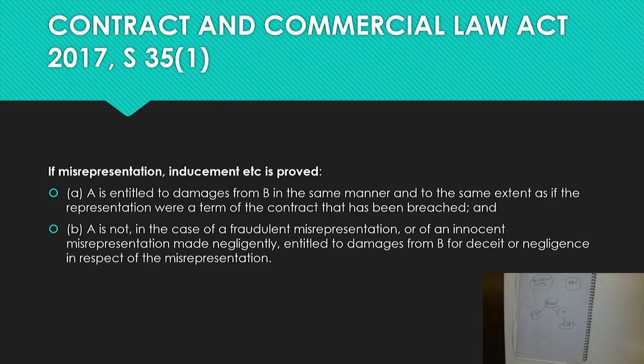If it's under Section 35, then it's just damages, as if the representation were a term of the contract that had been breached. And so this provides the calculation method for how you determine damages. Right? You apply the same approach as if it were a breach of contract and that term was breached. In other words, that representation is not true.